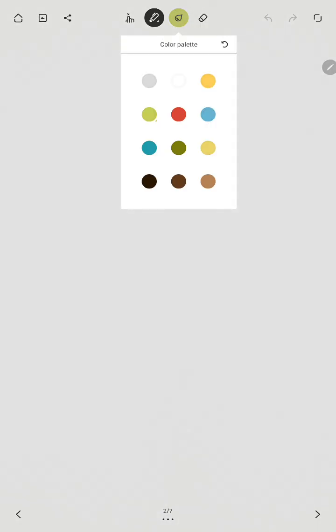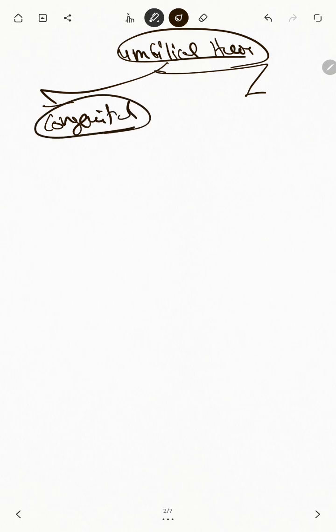So in detail we will see the types of hernias. First, umbilical hernia. Umbilical hernia can be due to congenital weakness of your umbilicus, or it can be acquired.